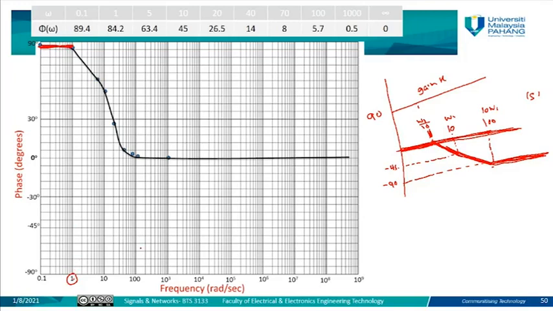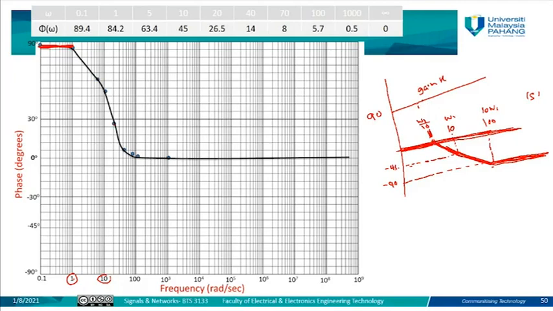Okay. The second change value will be at 10. Why at 10? Because at 10 will equal to negative 45. So where is 10 here? This is 10. At this point, which is 1, the value is 90, but this one goes with slope of negative 45.